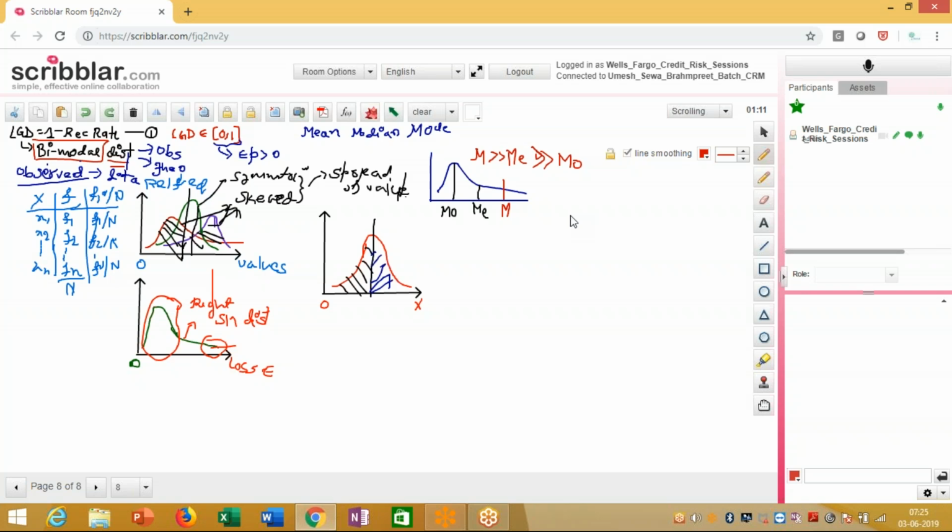So if a distribution is right skewed, then the mean should be greater than the median, and the median should be greater than the mode.